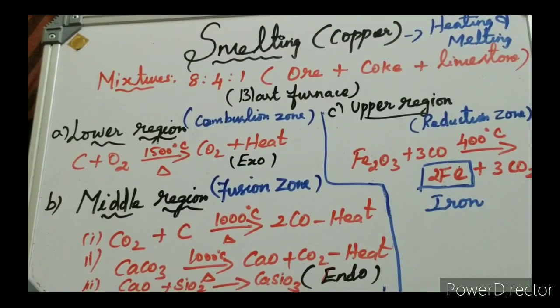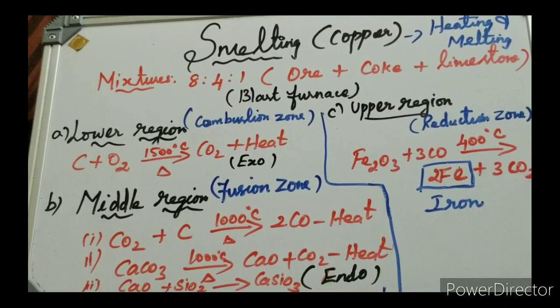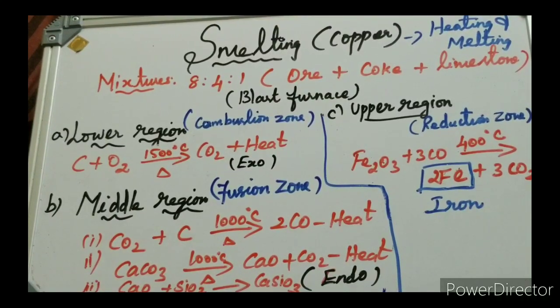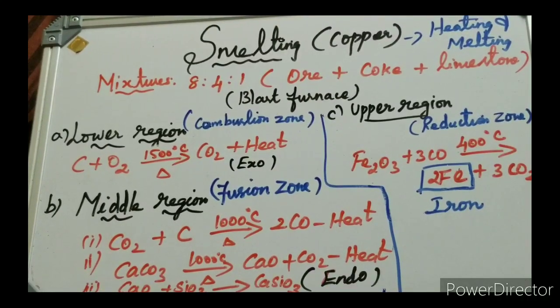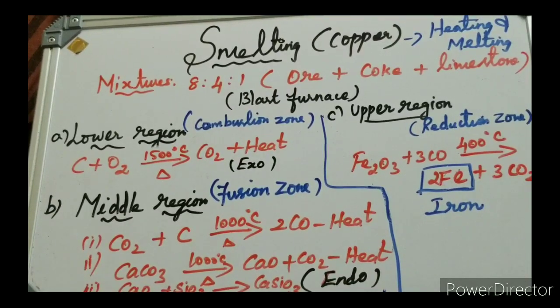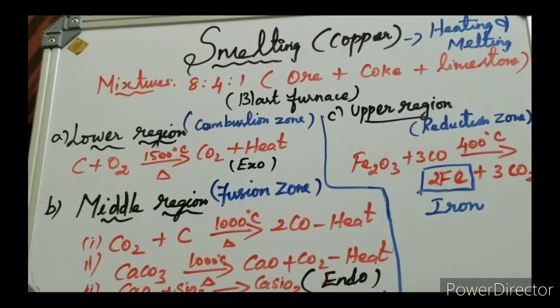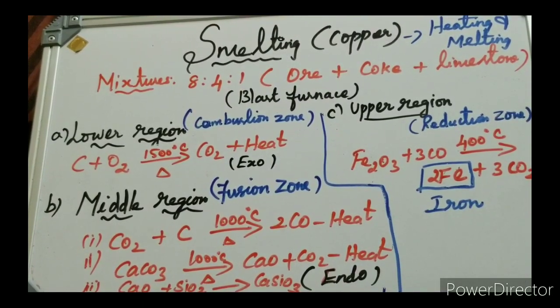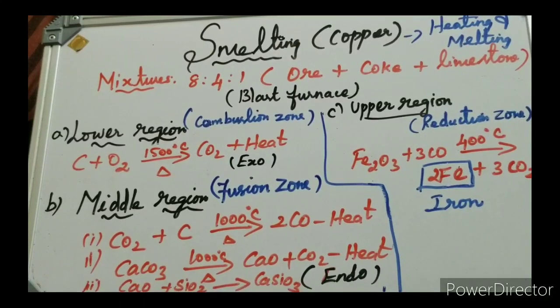The final one is the upper region. The upper region is called the reduction zone. In the reduction zone, at a temperature of 400 degrees Celsius, the ore, which is iron oxide, Fe2O3, reacts with carbon monoxide. The carbon monoxide reduces the iron oxide into iron with the evolution of carbon dioxide.